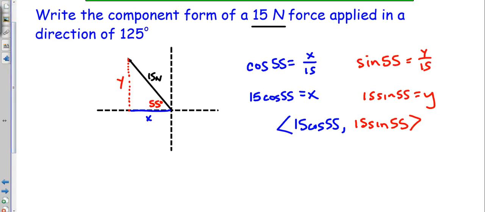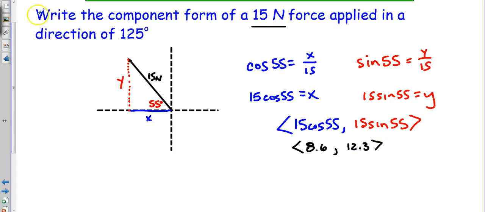If we want to write that in a little bit more explicit form, we plug these numbers into our calculator. So we get 15 cosine of 55 is equal to about 8.60. And 15 sine of 55 is equal to about 12.29, or 12.3.